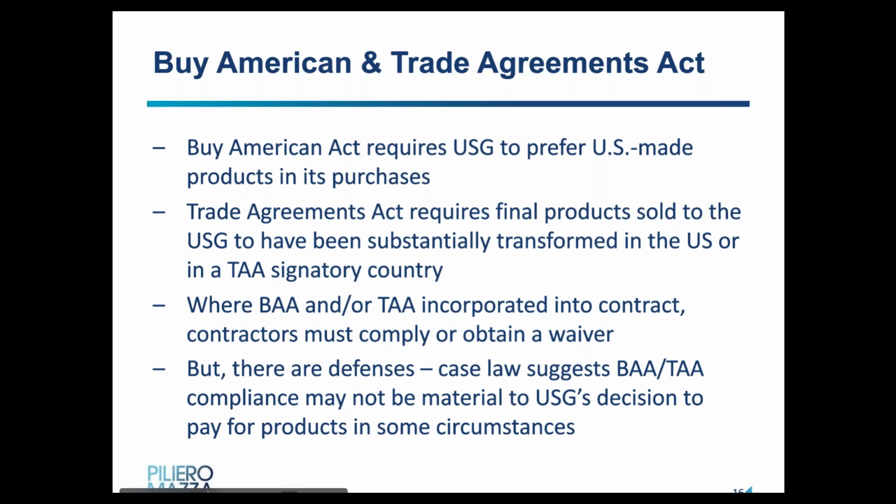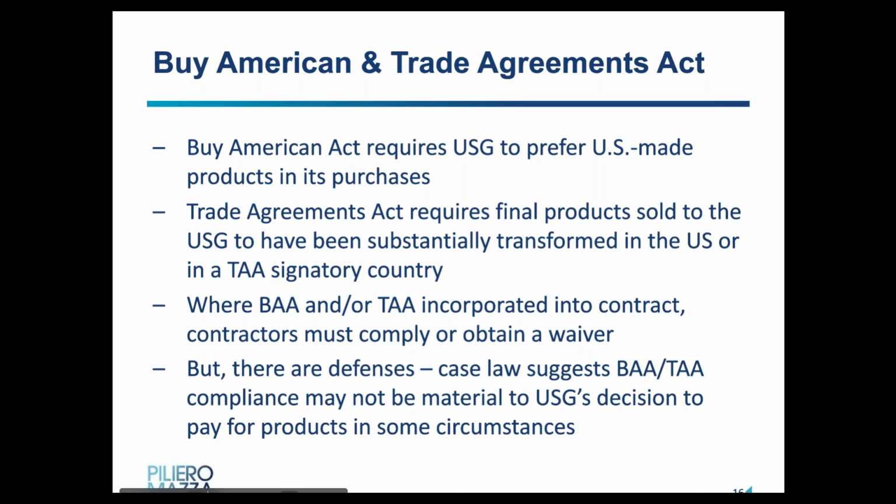If you do not identify that your products are from a foreign country, then you are representing that the products will be from a domestic end product made in the US if BAA applies to your contract. Or if TAA applies, you're representing that the products will be from the US or a designated country, unless you specifically take the affirmative step of identifying which products are coming from a different foreign end country and which country is the country of origin.